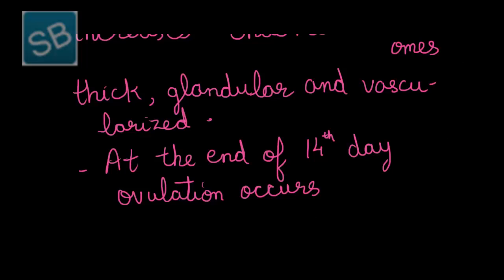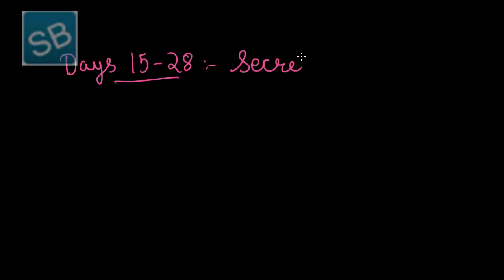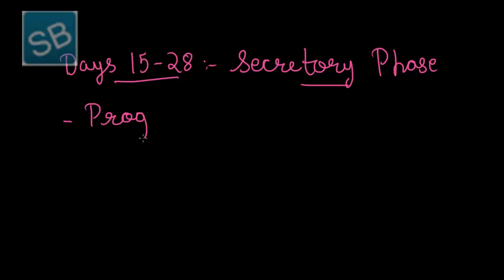Following it occurs the third phase, which takes place between days 15 to 28. This phase is known as secretory phase. In this, the progesterone level increases.